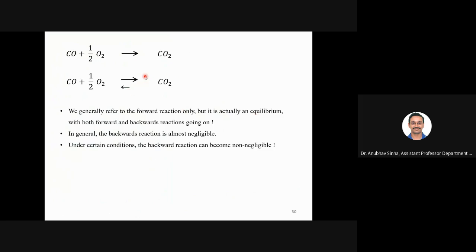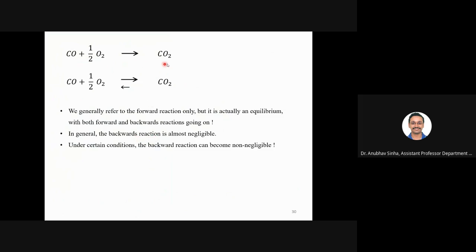At any given temperature, you will also have a scenario where CO2 is also breaking down. This will be formed and this will also break down, going on the backward side. So both forward and backward reactions are going on. But in general, the backward reaction is almost negligible.